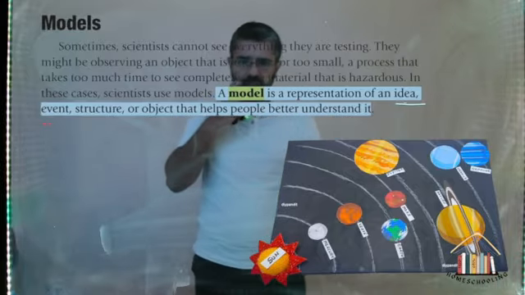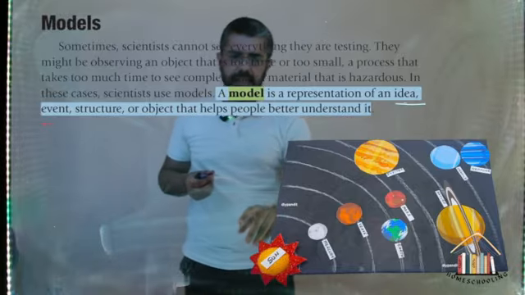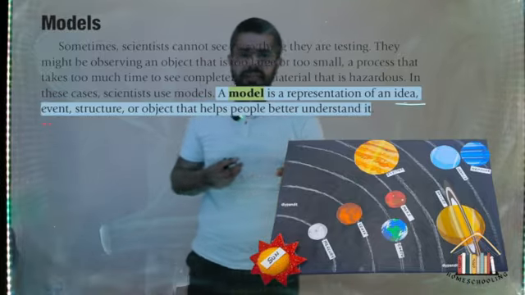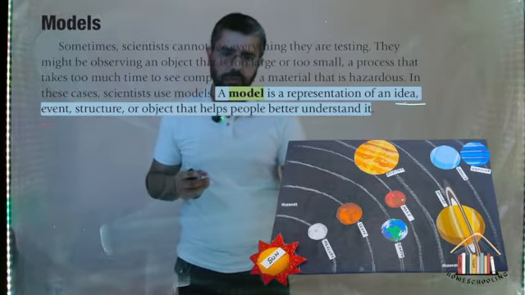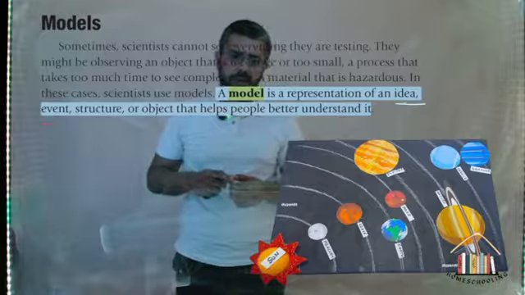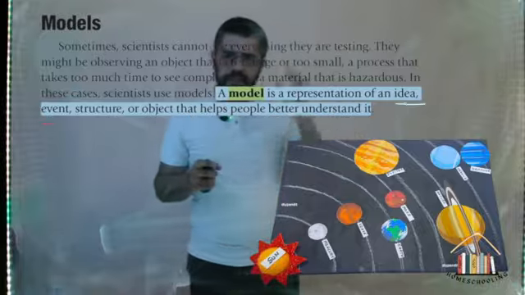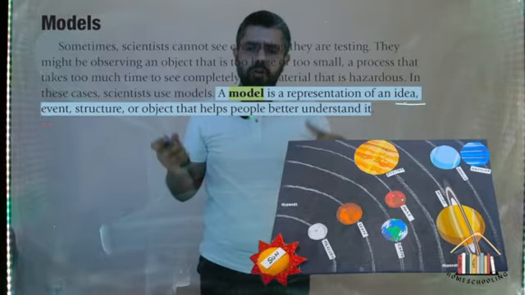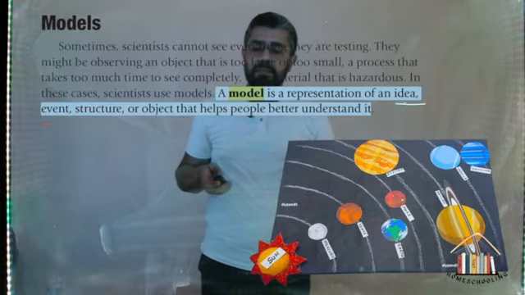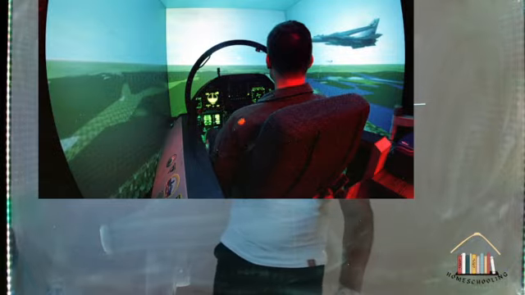From this solar system model, I can understand that planets are floating around the sun. But of course, it's not a 100% accurate model because the distances are not well proportioned. So, keep it simple. A model is just a simple representation of a phenomenon or an example or a problem that I'm seeking a solution for.